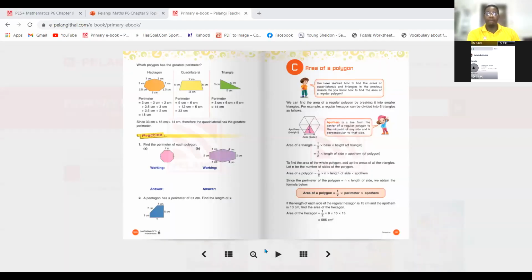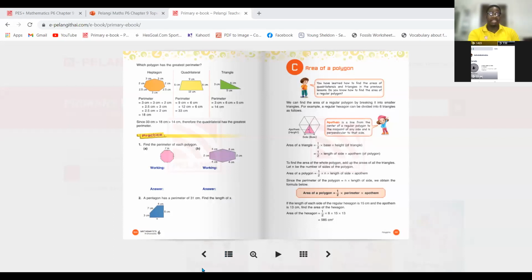Okay, so let's go to what we have today. We'll study area of polygons. Once again, please get your mathematics textbooks and your workbook. Okay, so let's go do that now. Let's go to polygons, area of a polygon. In our last class on Friday, we talked about perimeters of polygons.